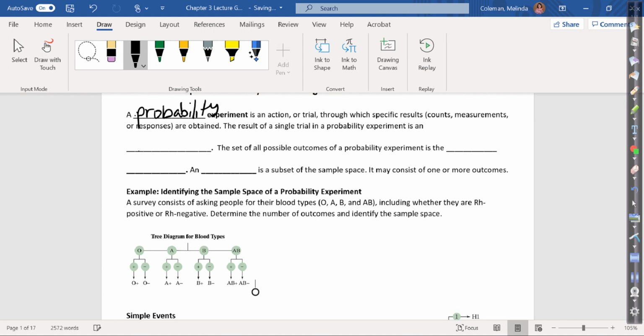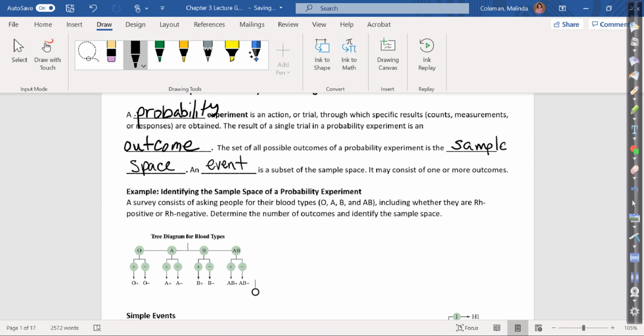The result of that is called an outcome. The set of all possible outcomes is the sample space. And finally, an event is a subset of the sample space that may consist of one or more outcomes.